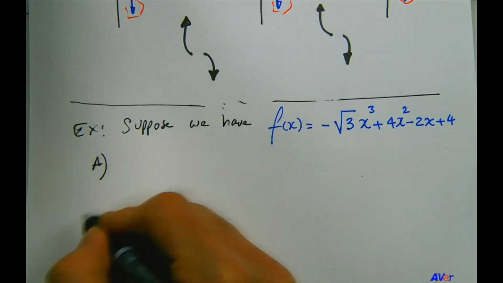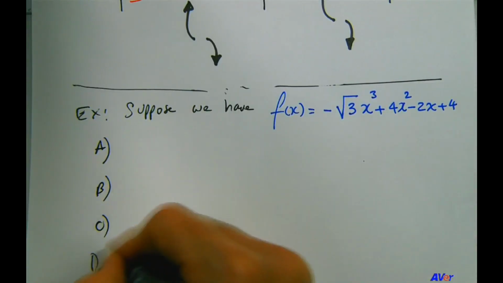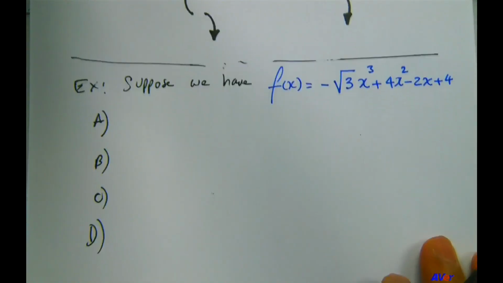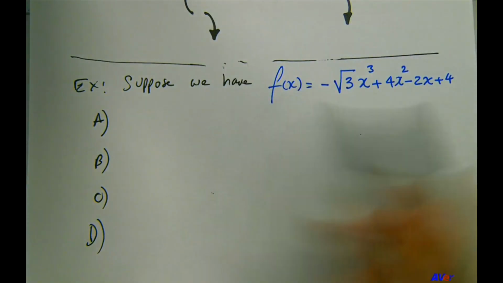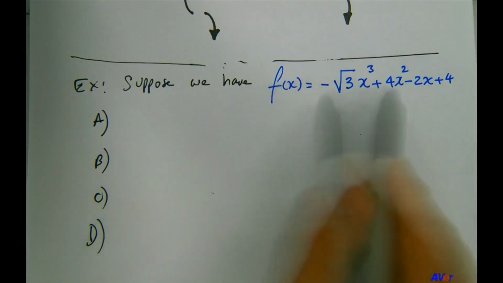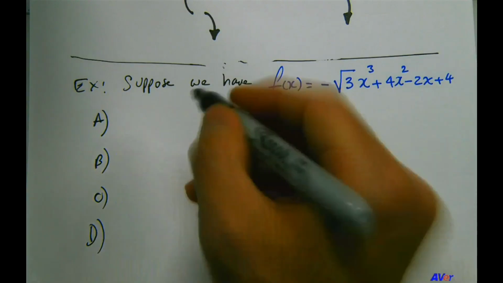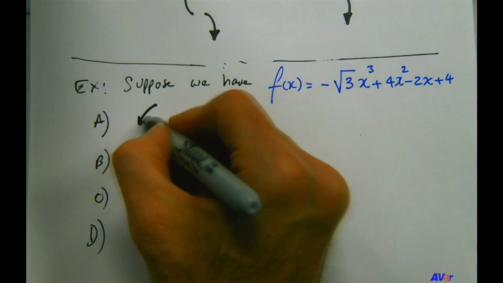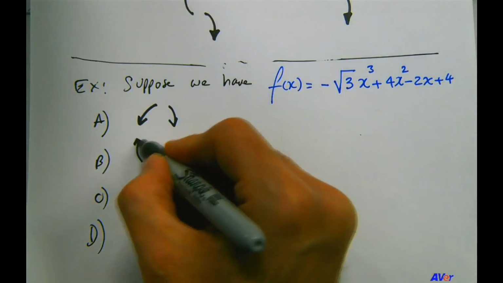If I give you a multiple choice question like this, and I say how do you expect the end behavior of the graph of this function will be? Will it be like this? Will it be like this?